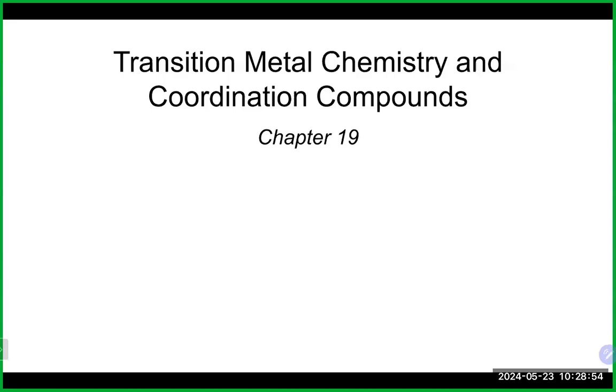Now we're hopefully on 19, I hope, which is transition metals and coordination compounds. The majority of this chapter is about coordination compounds and complex ions. At the beginning here, we're just going to talk a little bit about transition metals, just review a couple things about transition metals, as a majority of complex ions have transition metals in the center.